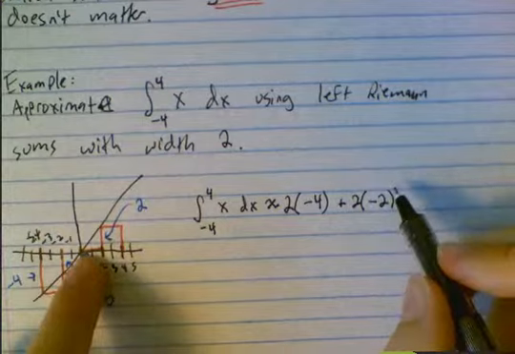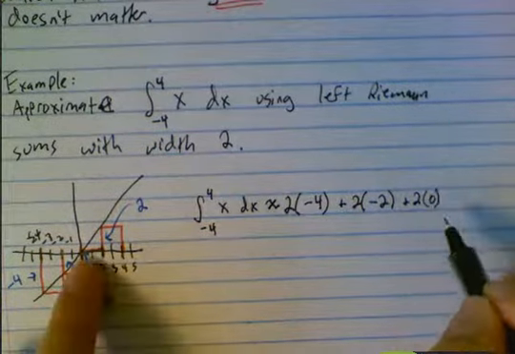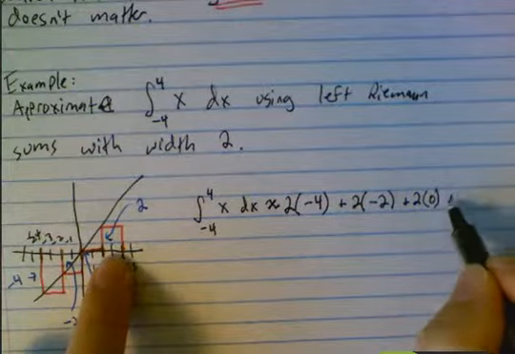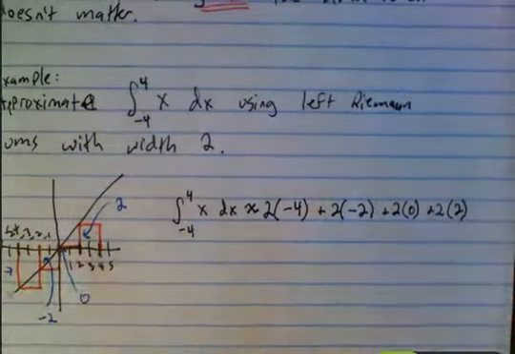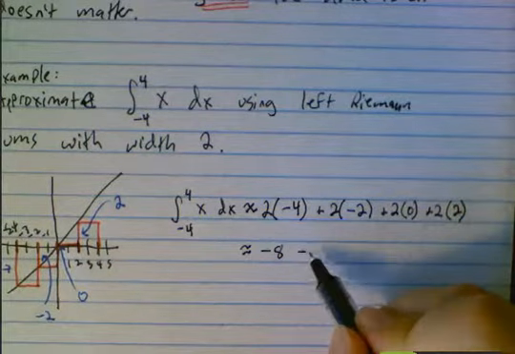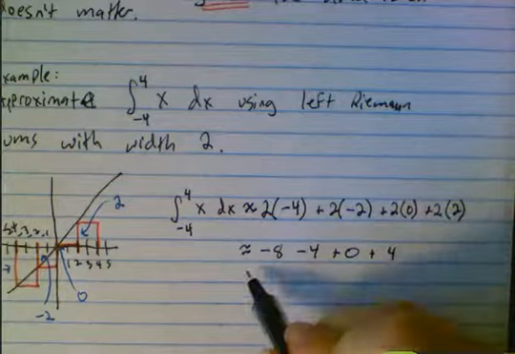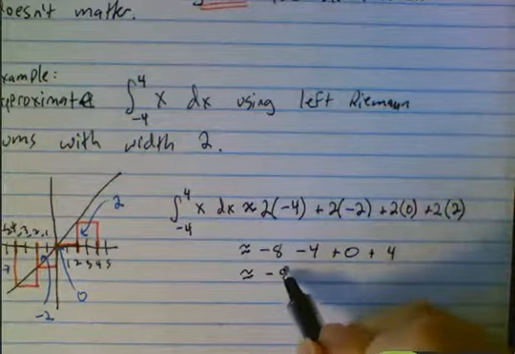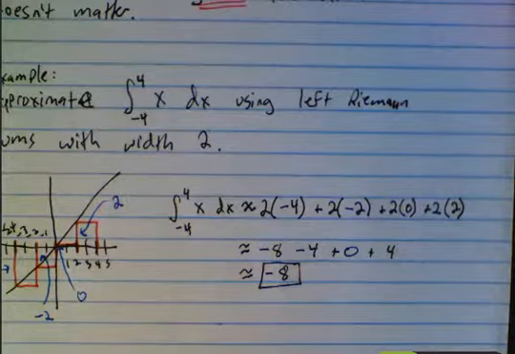This little flat one right here also has a width of 2 and a height of 0, that's okay. This one has a height of 2, width of positive 2. So we just add this up: -8, -4, 0, 4. The area is approximately -8.